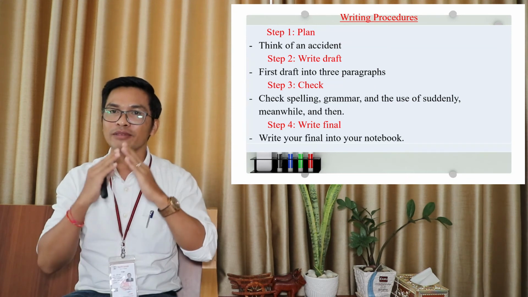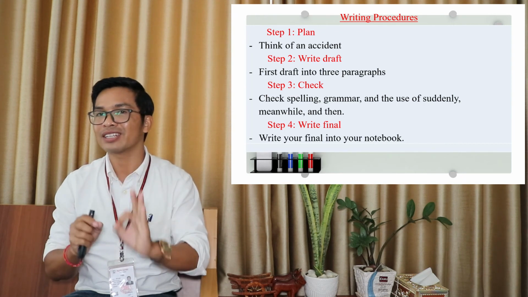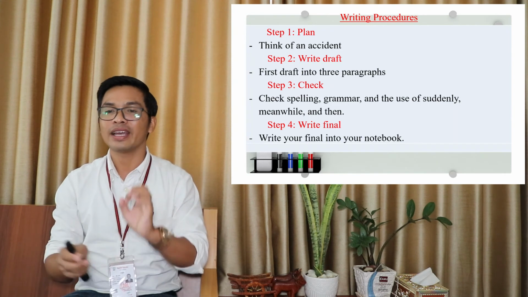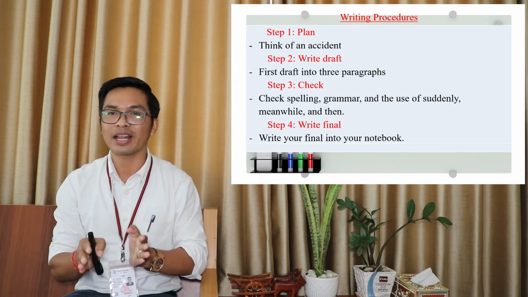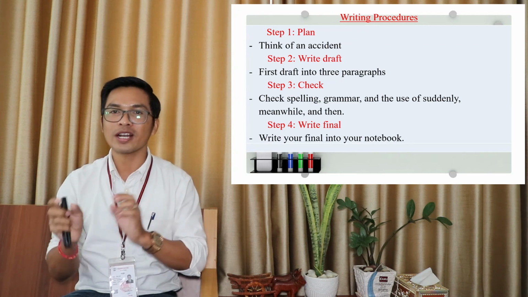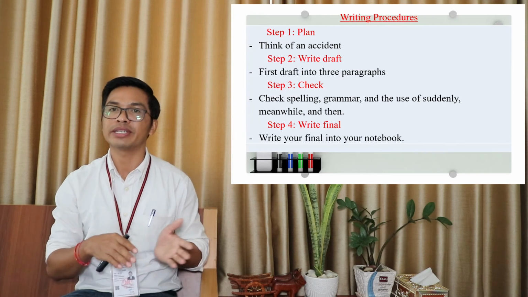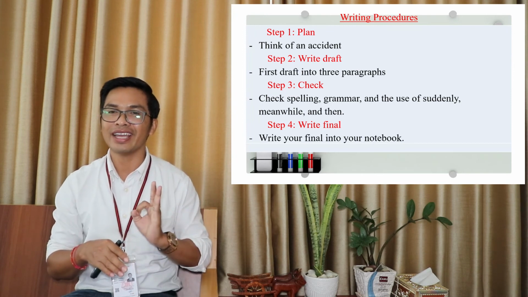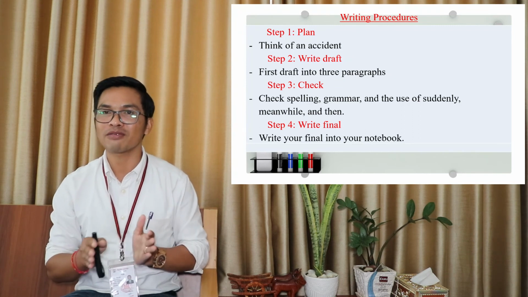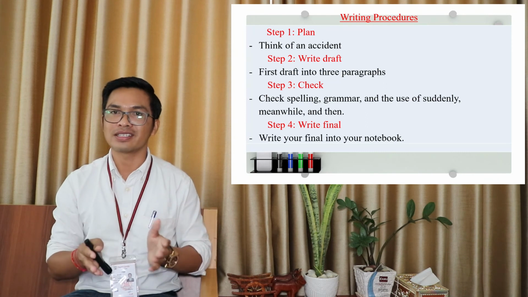Step two, you have to organize and write it into 3 paragraphs. Number 3, you have to check your spelling, grammar, and the use of suddenly, meanwhile, and then. And last, you have to write the final version into your notebook or your paper. Alright, I hope you all get the point about the procedures of writing and the use of suddenly, meanwhile, and then.